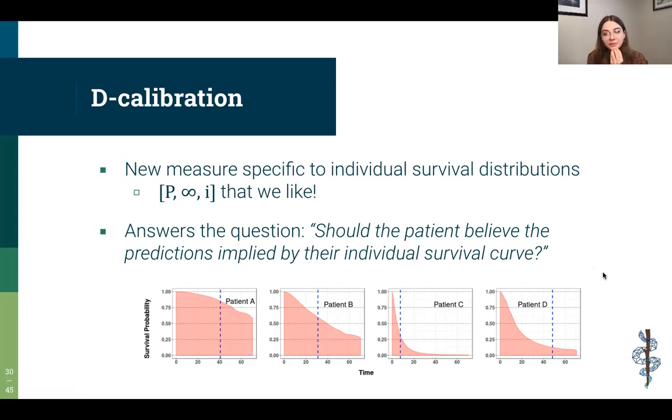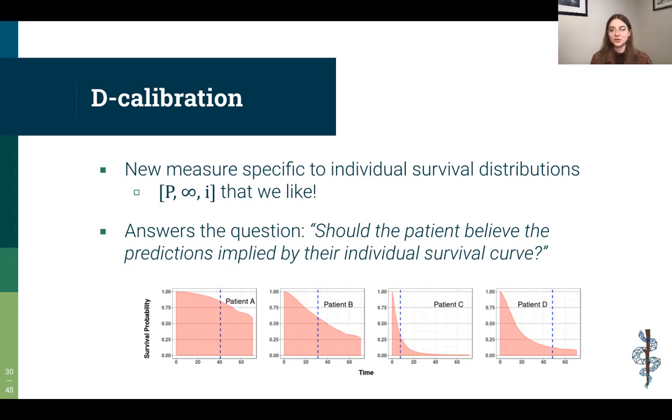But what is notable here is each of these blue lines represent when the patient actually passed away in this particular case. And we can see that for each of these patients, they ended up passing away in a particular time related to what the model predicted their median survival time to be.